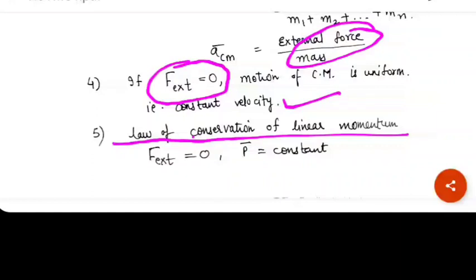So if external force is 0, the linear momentum, that is the product of mass and velocity, will remain constant.